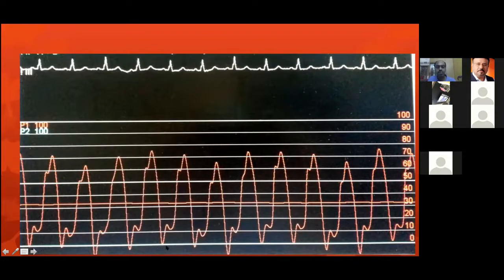The dip should touch just 0, or, being a fluid-filled transducer with some amount of underdamping, it can go to -1 or -2, but it should not go steep like this consistently. And it should be having strictly a triangular trace. This is the normal pressure curve of a right ventricle.